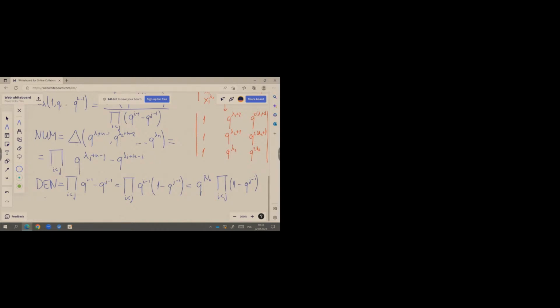And what is this N naught? N naught stands for 1 times n minus 1 plus 2 times n minus 2 plus etc. plus n minus 1 times 1. Right.